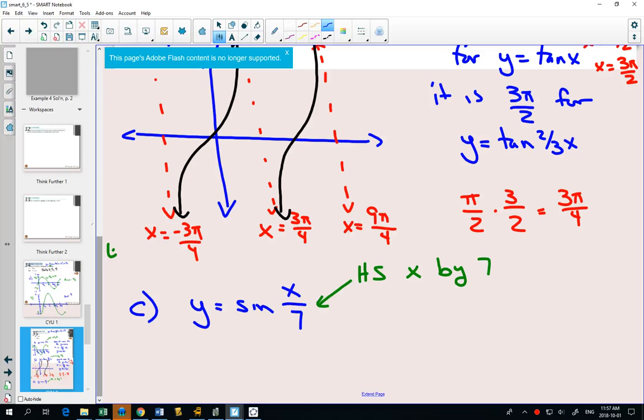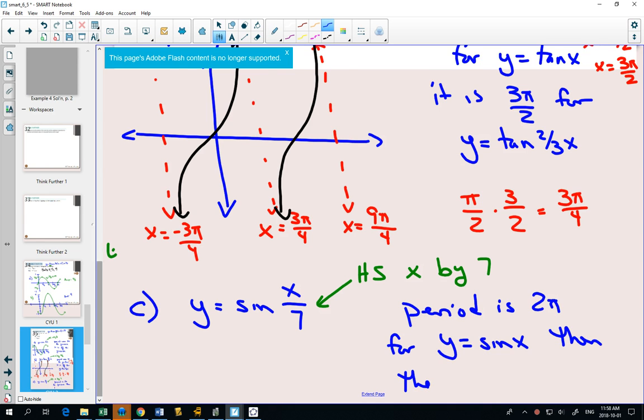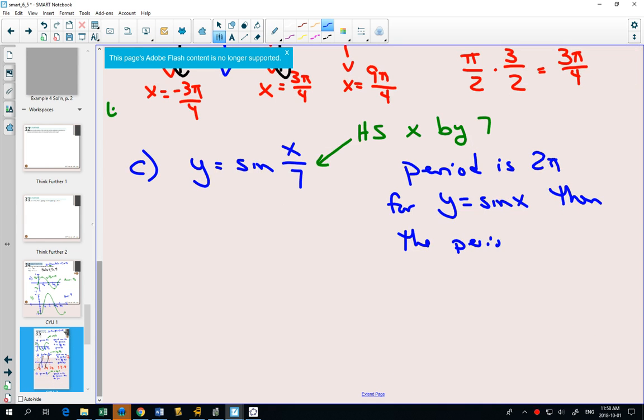So if we do the same idea, the period is 2 pi. Are you okay if I write the x over 7 as 1/7 x? I think if I write it as 1/7 x, you can even see better that it's a horizontal stretch. And you have to multiply your x values by 7.